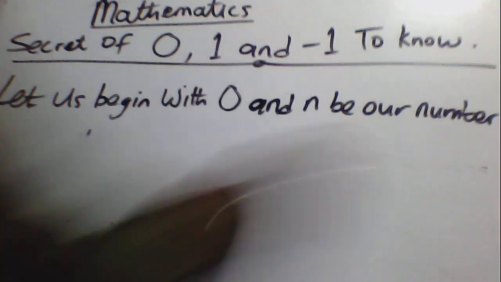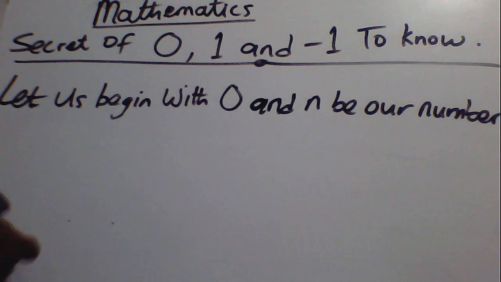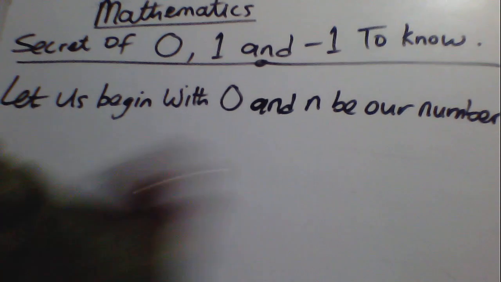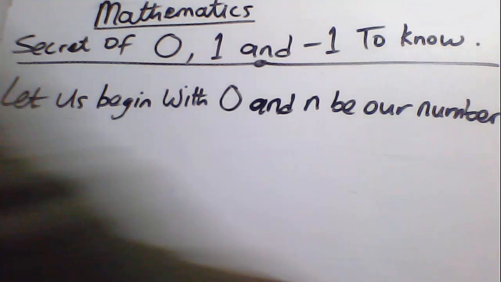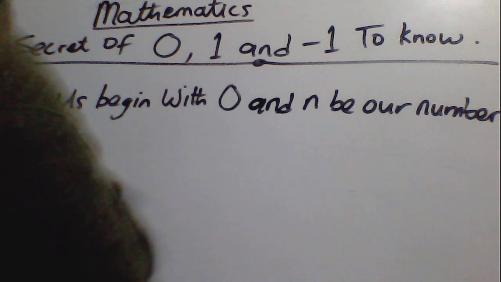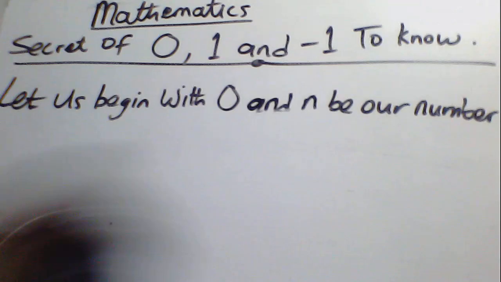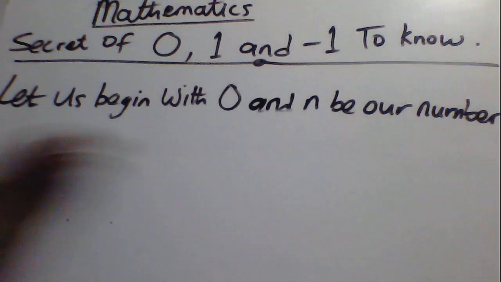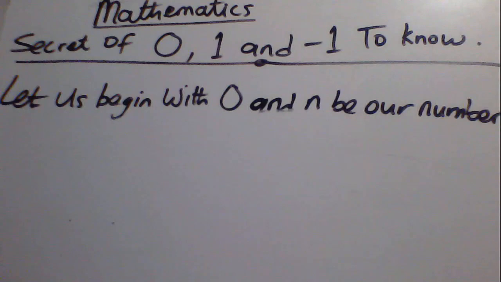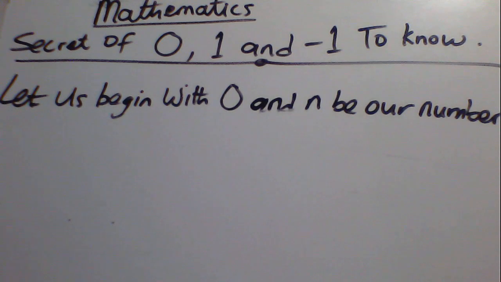The next thing you have to understand about 0 is that adding 0 to a number, or a number to 0, is equal to the number. Adding 0 to a number or a number to 0, the result is equal to the number, in this case number n, and n can be a positive or negative number.